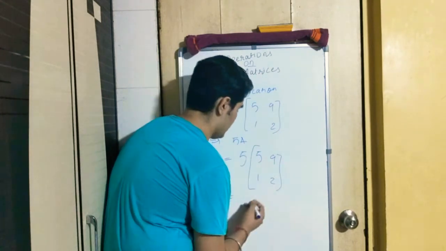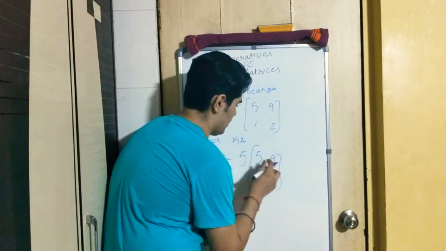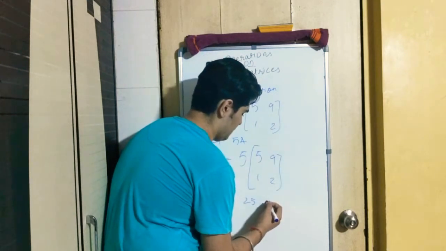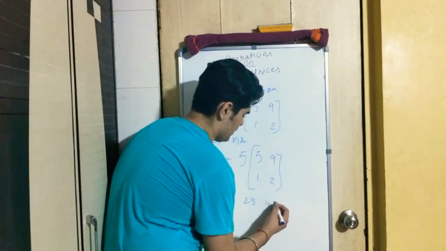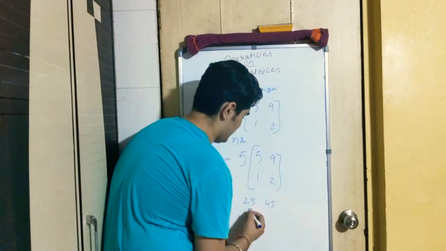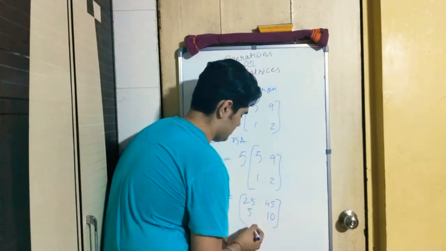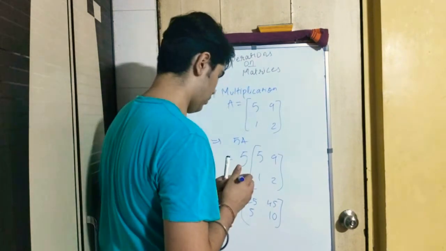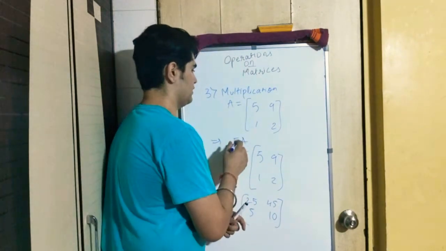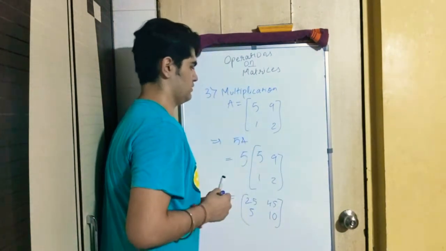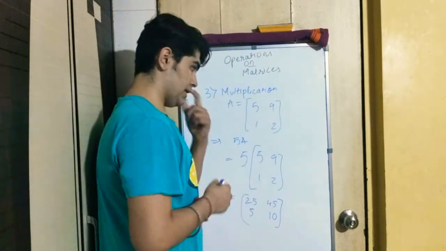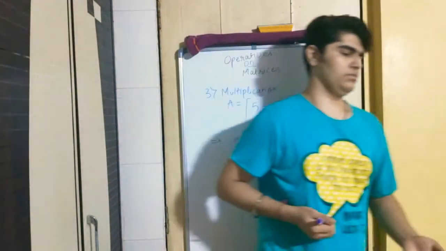That is 5 into 5 is 25, 5 into 9 is 45, 5 into 1 is 5, and 5 into 2 is 10. So this is the way a number outside the matrix is multiplied with the matrix. You can copy it down. You will get to know as we start the exercise.